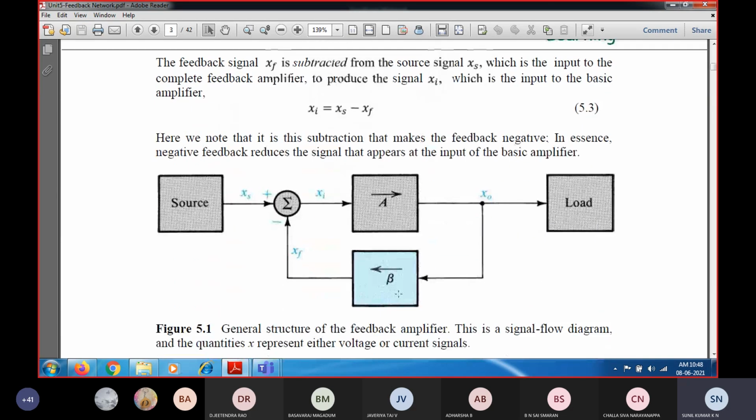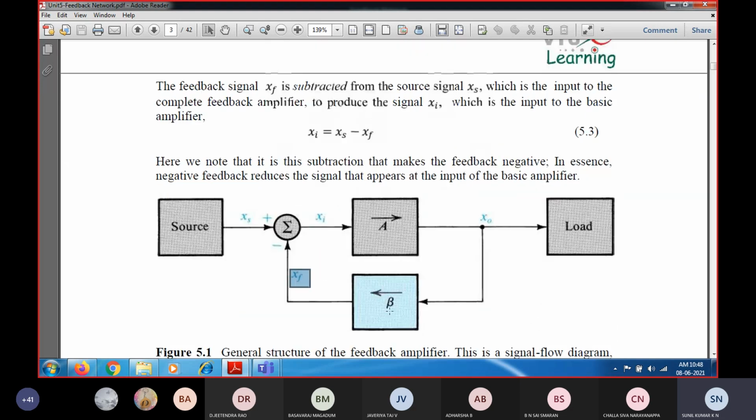You can see this is a feedback amplifier, for which the output of the amplifier is fed to the load, as well as given as input to the feedback network. Upon giving X naught as input to the feedback network, Xf is the output provided by the feedback network.